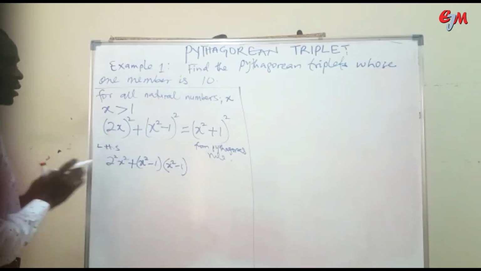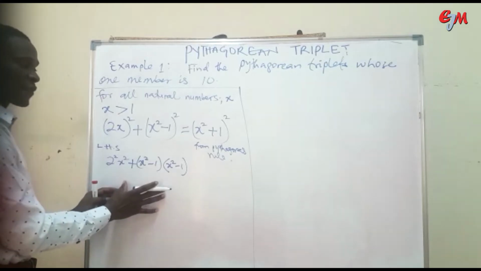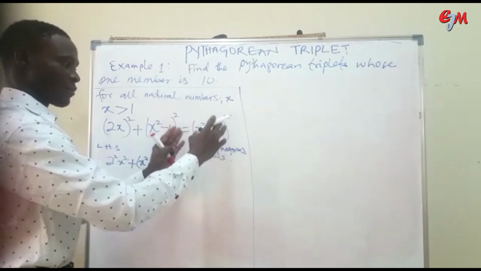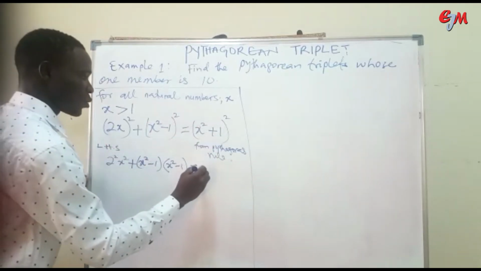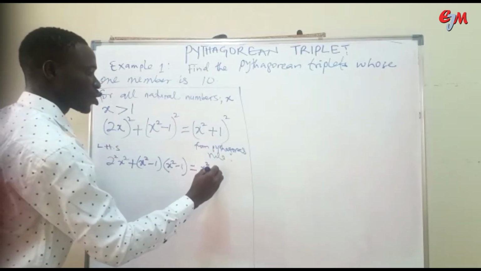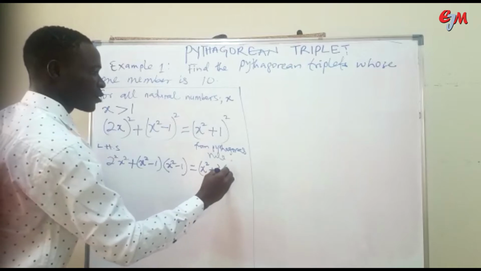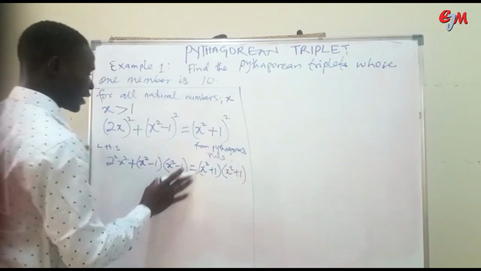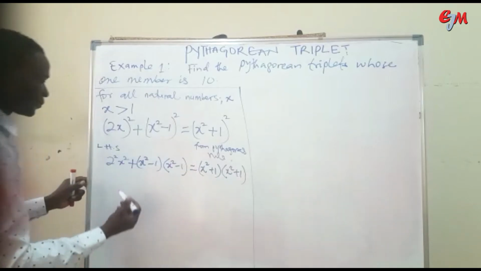They are the same. Remember, this is our left hand side. Let us expand it alongside the right hand side, the same thing as (x squared plus 1) in the bracket of (x squared plus 1). We are solving the left hand side and the right hand side.